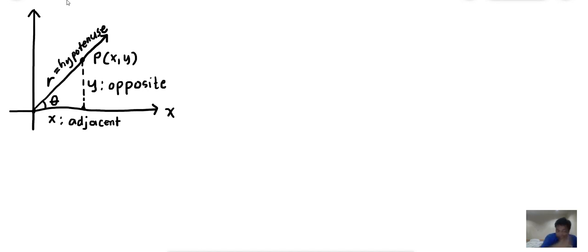Based from the 6 trigonometric ratios that we have discussed in our previous discussion, we know that sine of theta is equal to y over r. Okay, if we use the opposite, adjacent, hypotenuse sides, sine theta is equal to opposite divided by the hypotenuse.